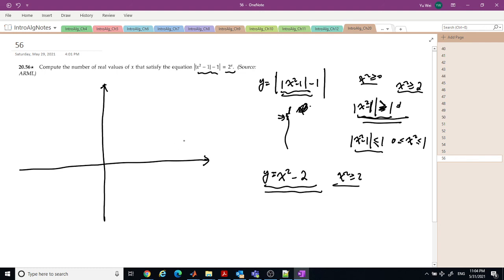So the roots are negative root 2 and positive root 2, with 0 there. Here we cannot take this part, but we can extend it to see how it looks. So this is the first section.